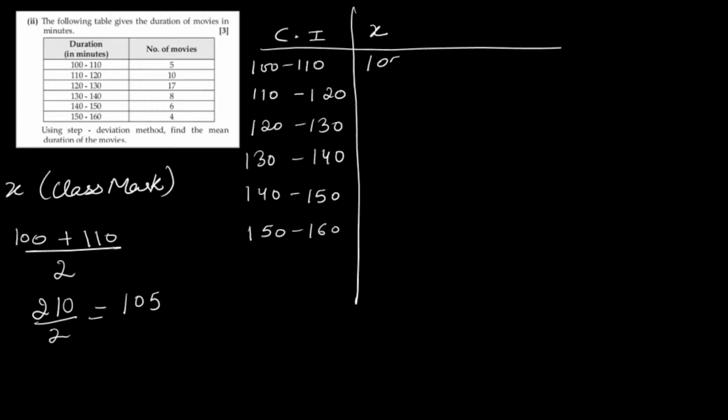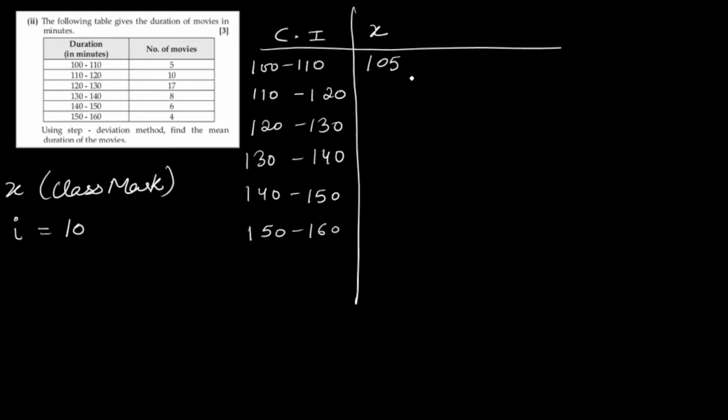So 105. Then for the next one, you can see the difference, the class size. If you want, you can do it with this formula. But as I always have told you, the class size is 10 here. 100 to 110, 110 to 120, all the differences are 10.